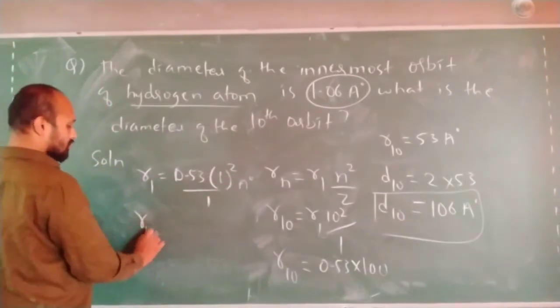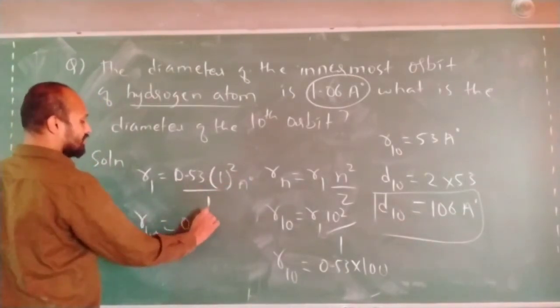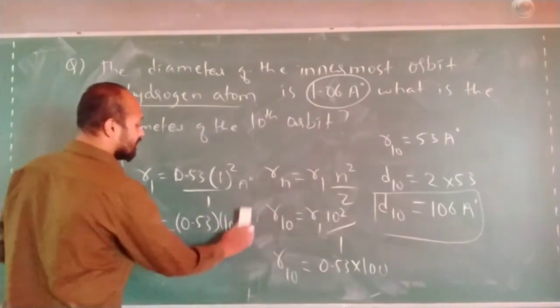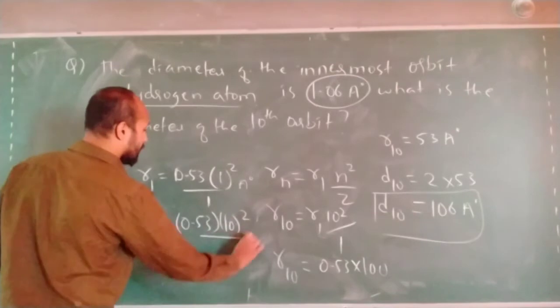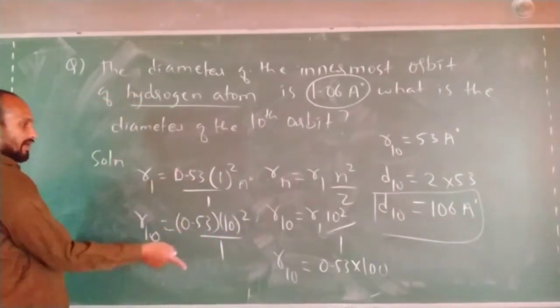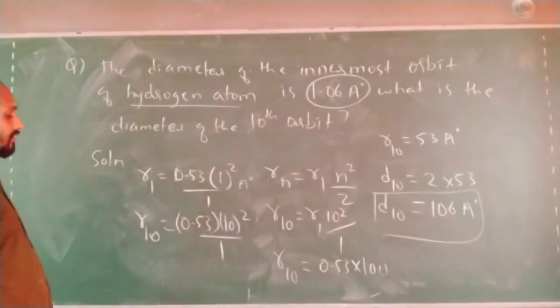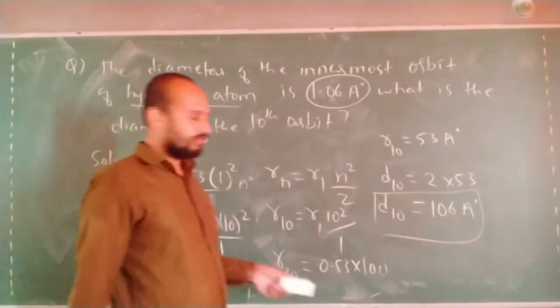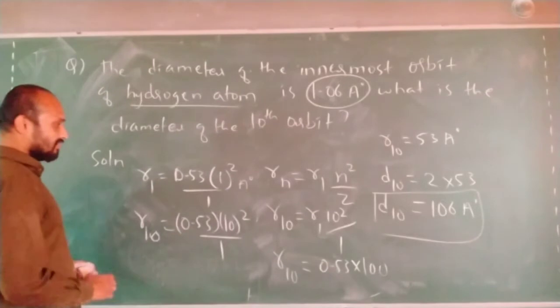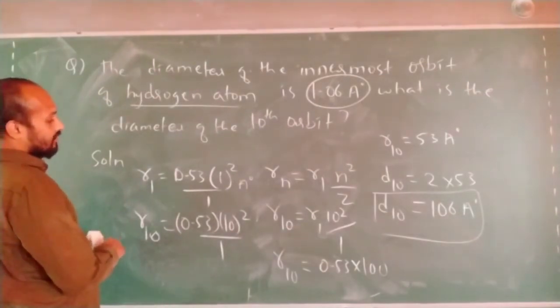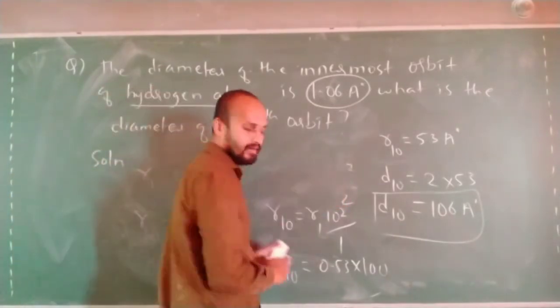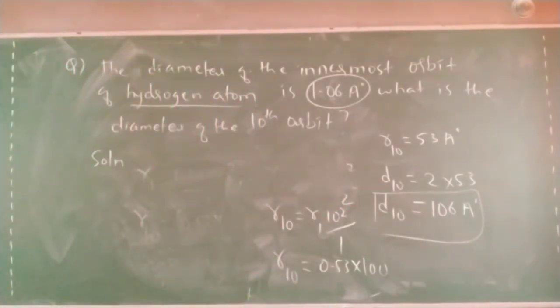R10 is equal to 0.53 into 10 square divided by 1. Take the ratio and you will get the same answer. There is no requirement of this value itself; we can calculate directly. Anyhow, we will move to the next problem.